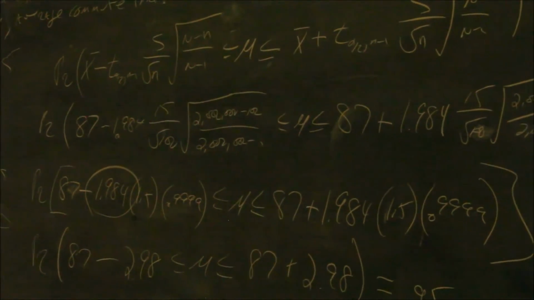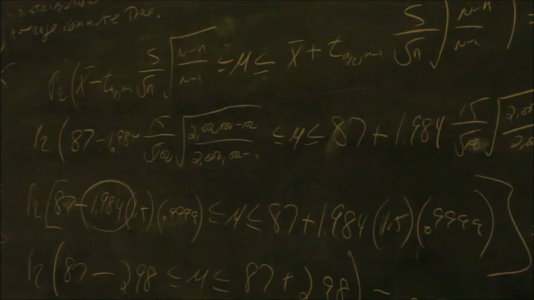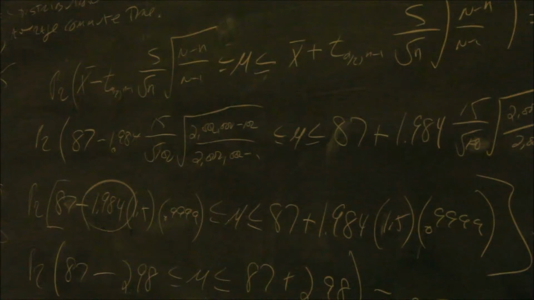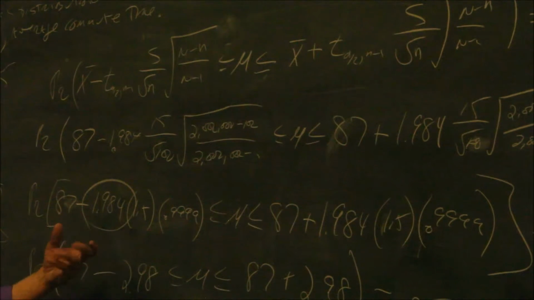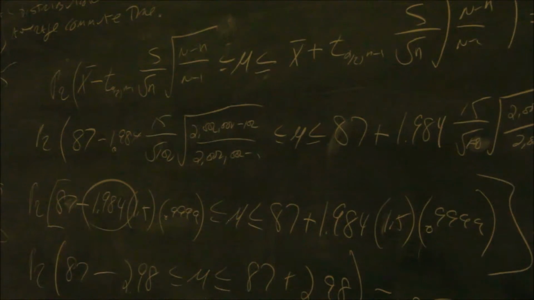But intuitively, why is this wider? Why is it 1.984 with 99 degrees of freedom? Well, basically it goes something like this. Remember, in statistics we use all the information to make our estimate. What was the difference in information here versus in the last one?